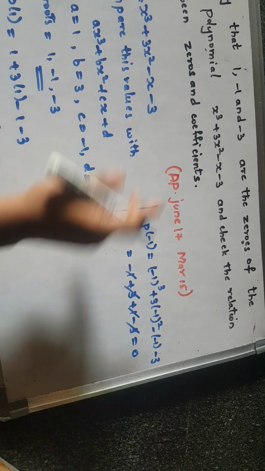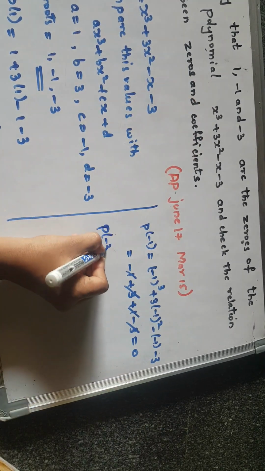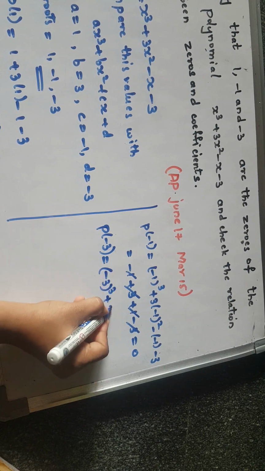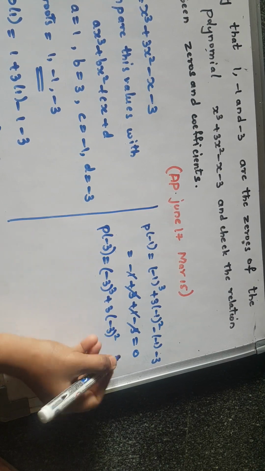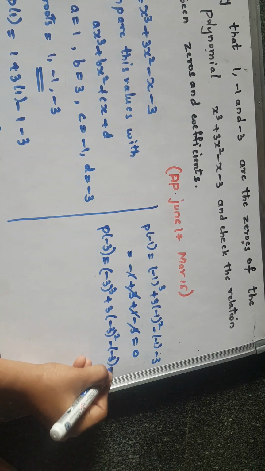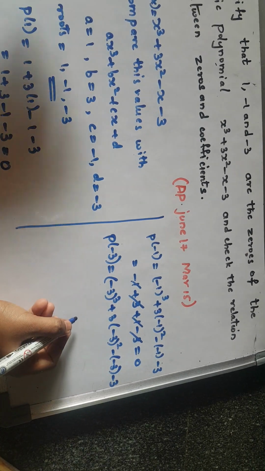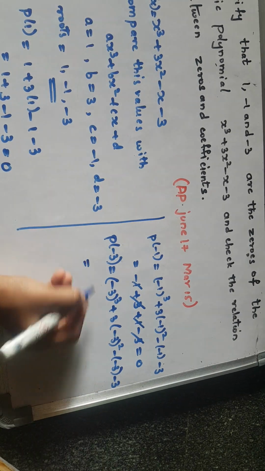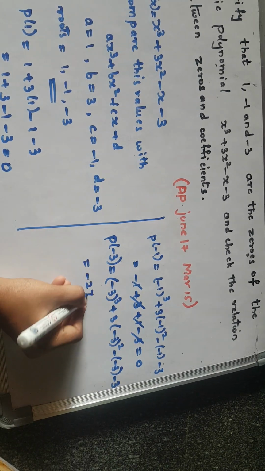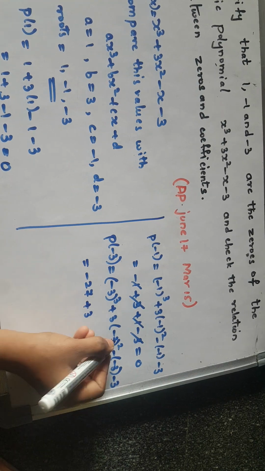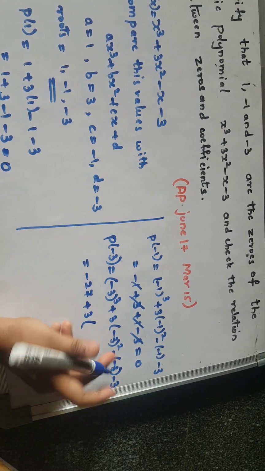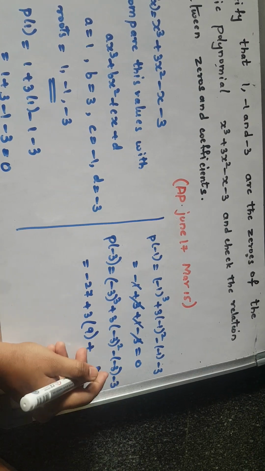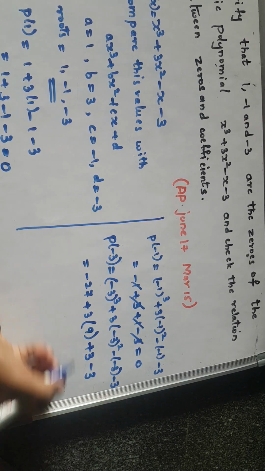Okay, again put p of minus 3 in this equation. Minus 3 whole cube plus 3 into minus 3 whole square minus of minus 3 minus 3. Minus 3 whole cube becomes minus 27, plus 3 into minus 3 into minus 3, the value becomes 9, minus into minus plus 3 minus 3.